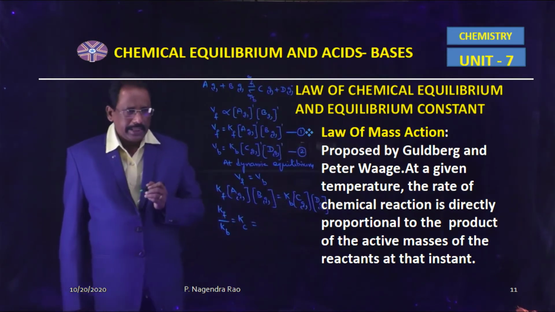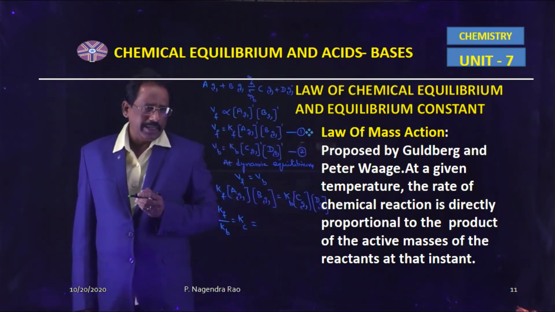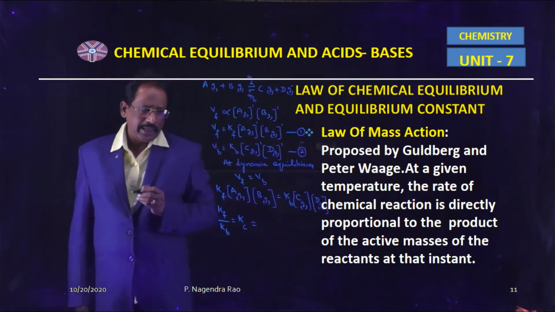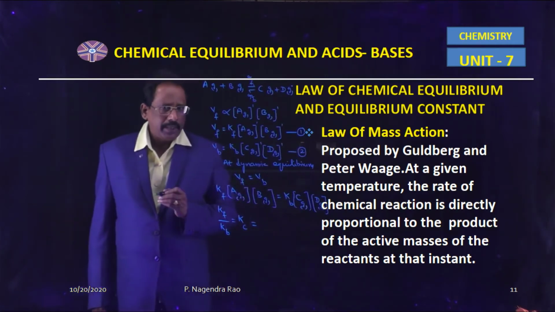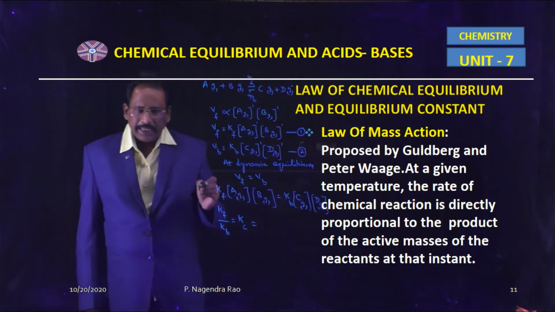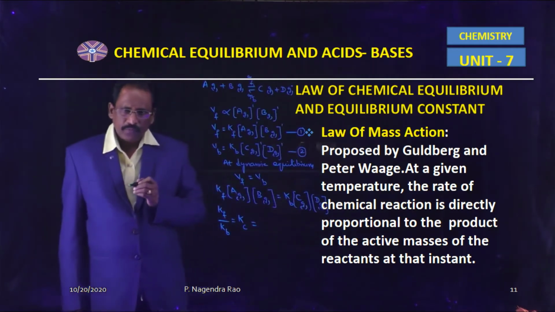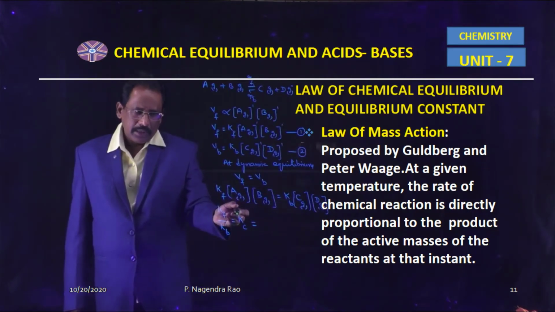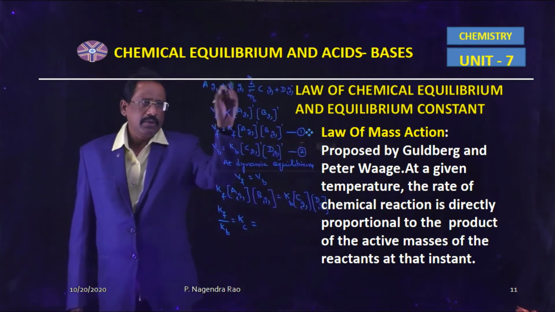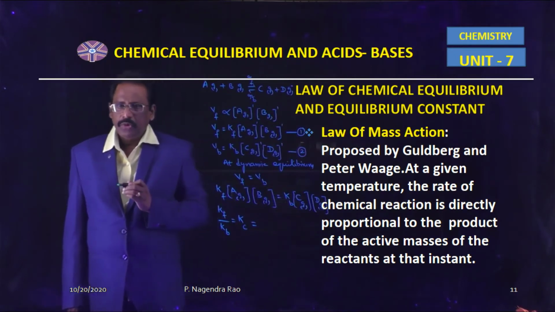C indicates concentration, f indicates forward reaction, b indicates backward reaction. So a very important relationship is Kc is equal to Kf by Kb. If you know the equilibrium constant of the whole dynamic equilibrium, and if you know the Kb value, it is possible to calculate Kf.